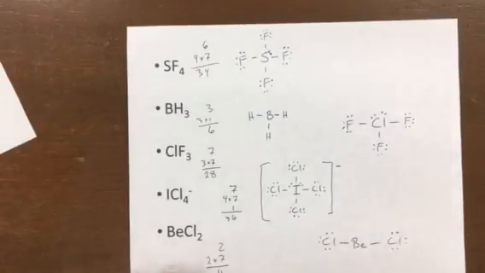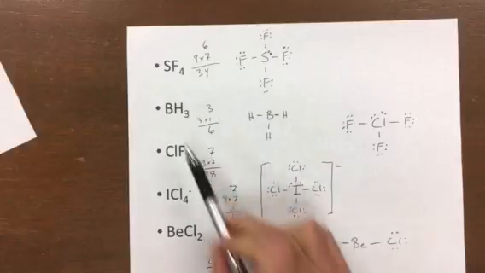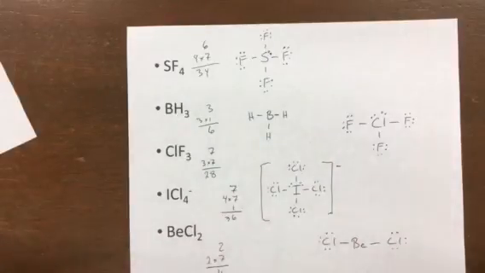So in this case, you make a structure where the beryllium only has 4 valence electrons. It doesn't get a complete octet. But remember, boron and beryllium frequently have less than an octet. All right, so those were examples where we're drawing Lewis dot structures with exceptions to the octet rule.